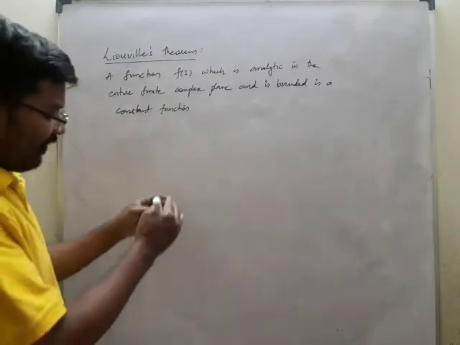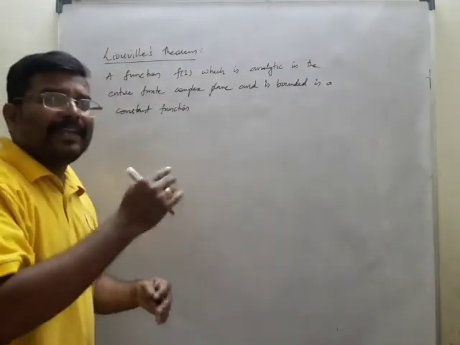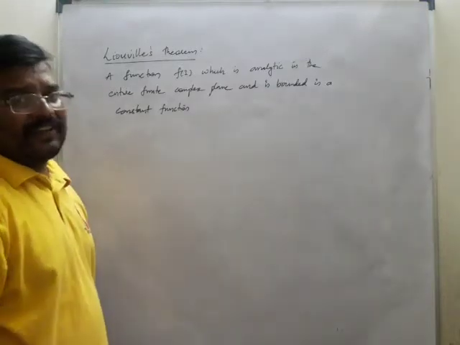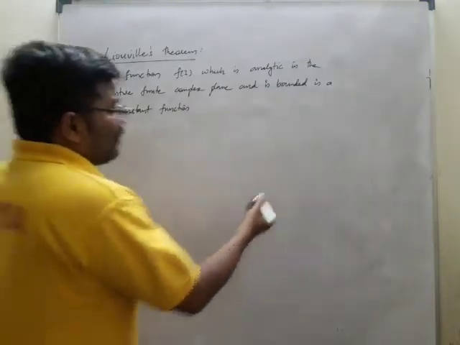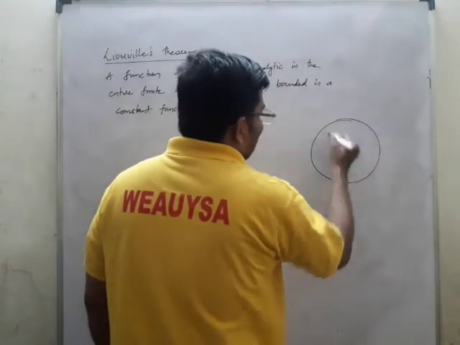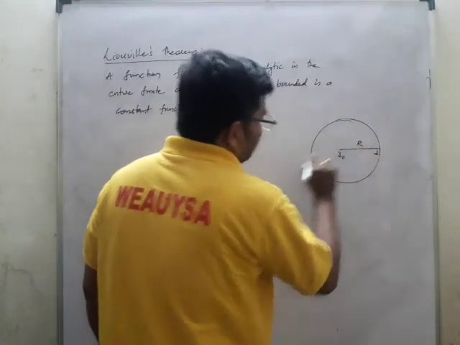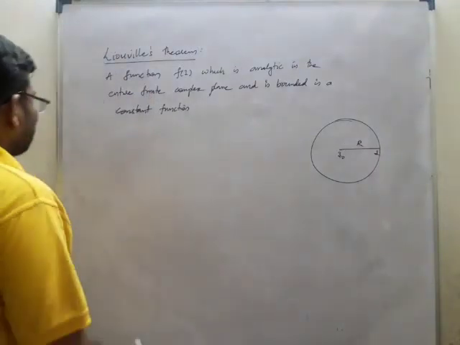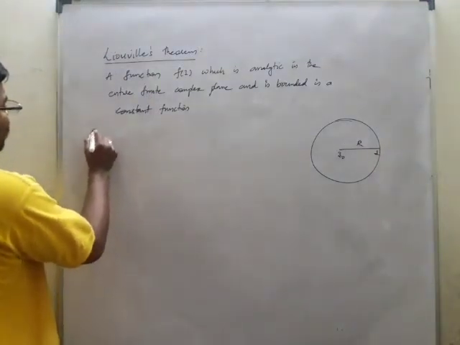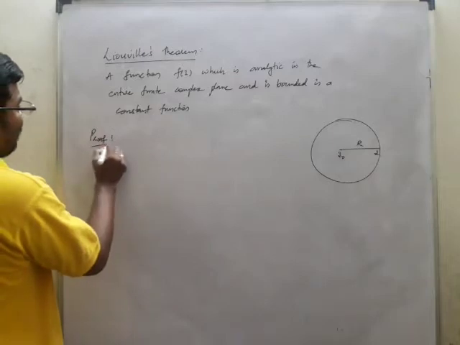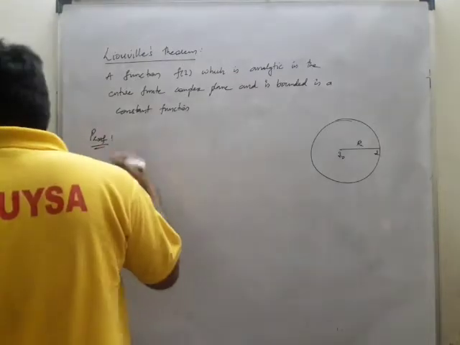So if a function is bounded in a region, it may be reduced to a constant function, that we need to prove. Let us take the point z₀, and the circle with radius r. For the proof, we'll take all such values.